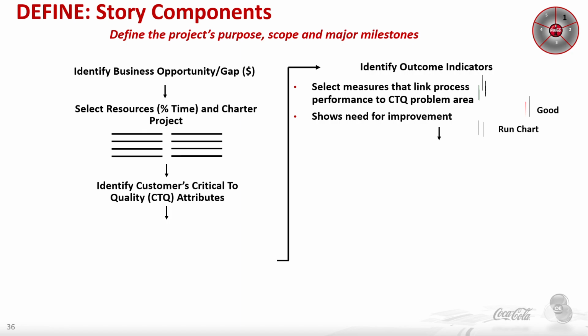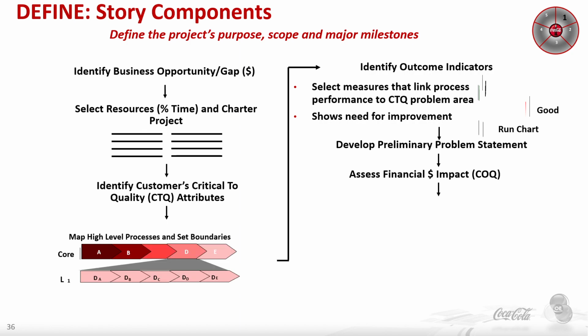Then we have to show the need for improvement charts. Then we have to develop a preliminary problem statement. We have to assess its financial impact, COQ, that this is the problem, this is the financial impact of that problem to the system.